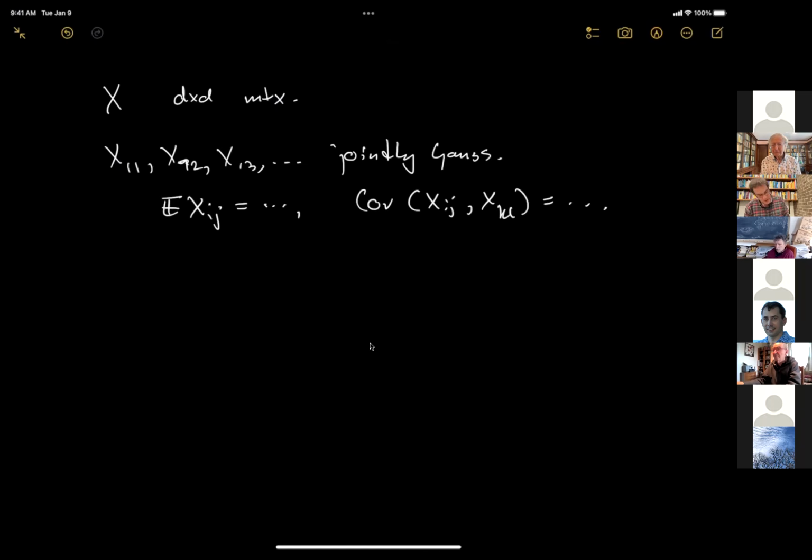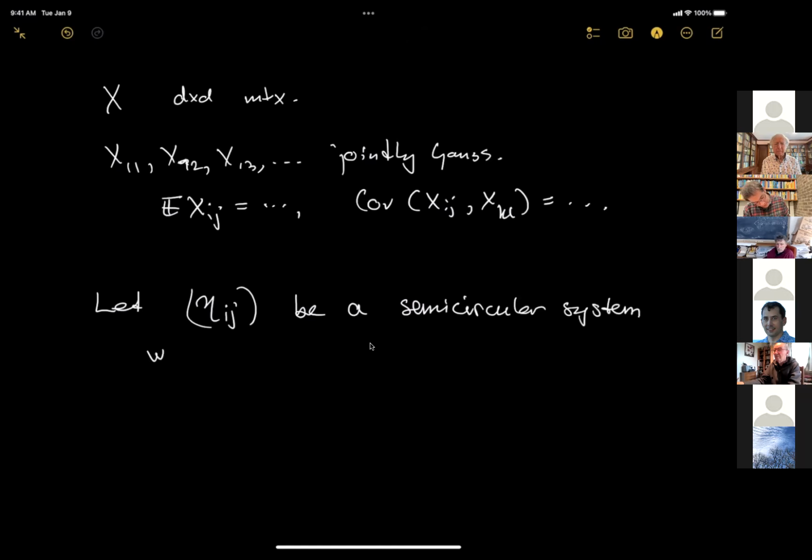So what we do is we let eta ij be a semicircular system with the same mean and covariance as x ij.